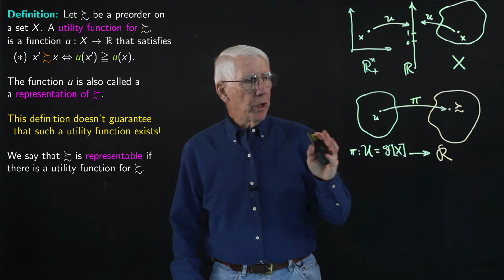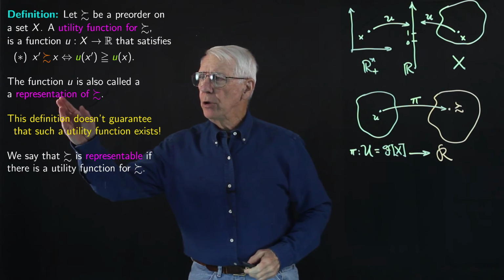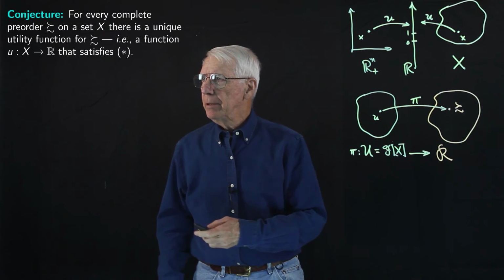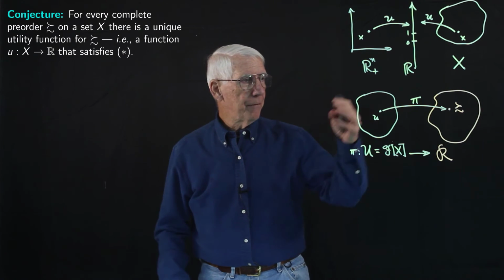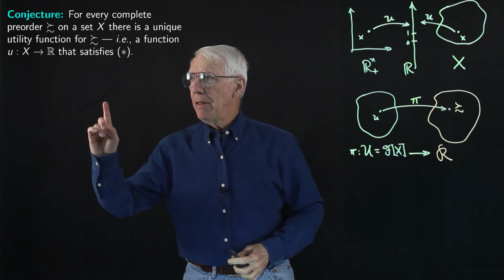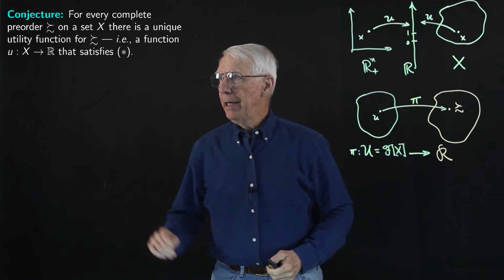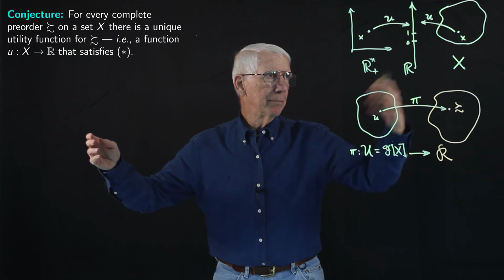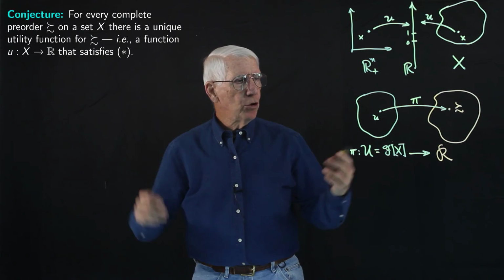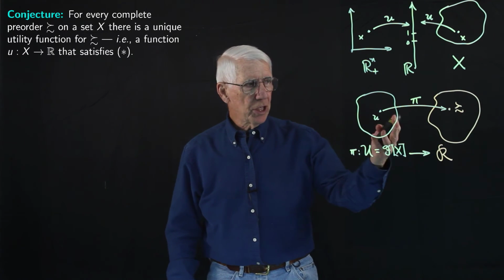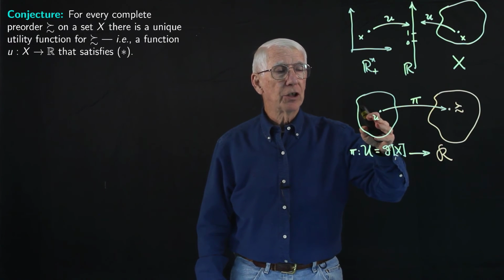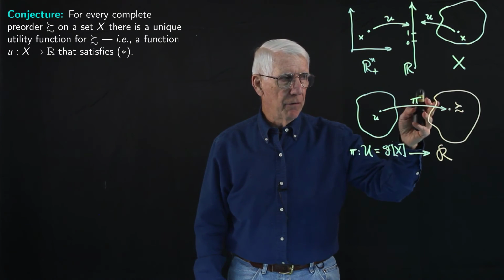So what we're going to do now is make a conjecture that in fact preorders are representable. We're going to conjecture that for any complete preorder on any given set X, there will be a unique utility function associated with it, a unique utility function representation of the preorder.